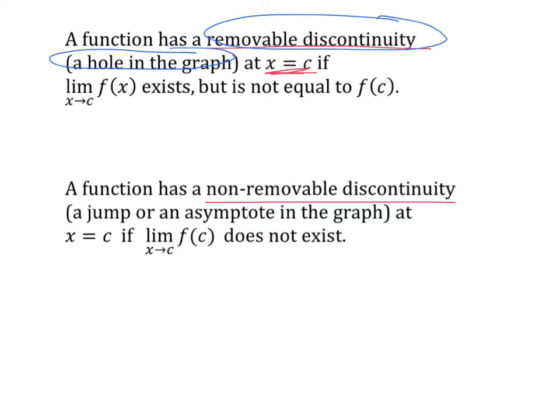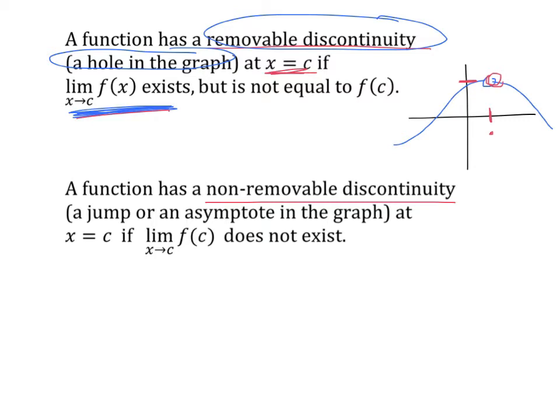And if you imagine that you have a graph of some function and it has a hole in it, like if you've got something like this going on, in that instance you can see from the picture, I hope, that the limit exists, but f of c, wherever the point is, it's not that.